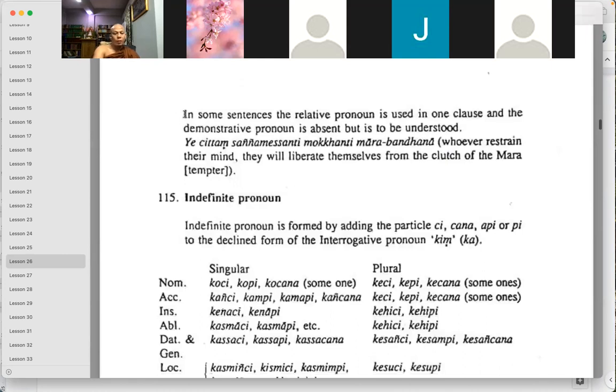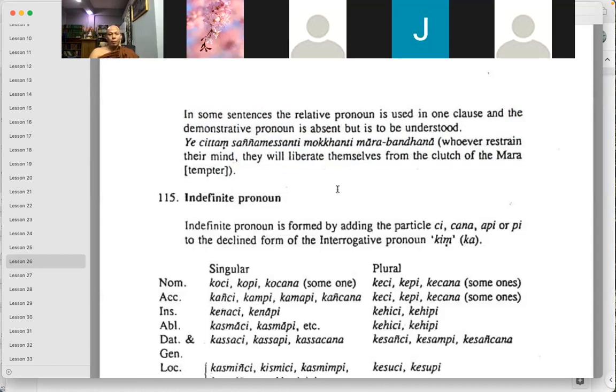And also, in some sentences, the relative pronoun is used in the one clause, but the demonstrative pronoun is absent, but is to be understood, you see, even though without the demonstrative pronoun ta, it must be understood based on the context. So ye jhānaṃ, ye cittaṃ saññamessanti, muccanti mārabandhanā. Okay, ye cittaṃ saññamessanti.